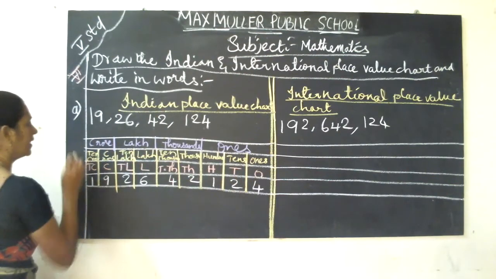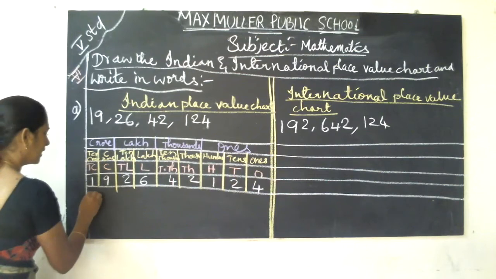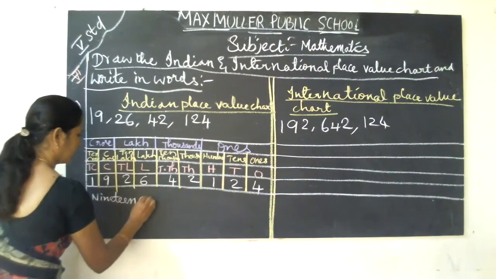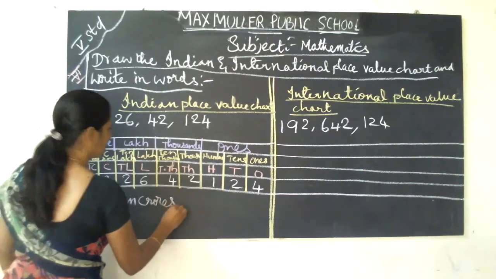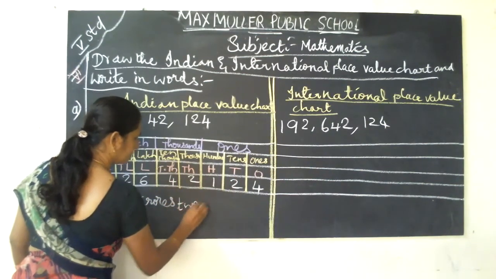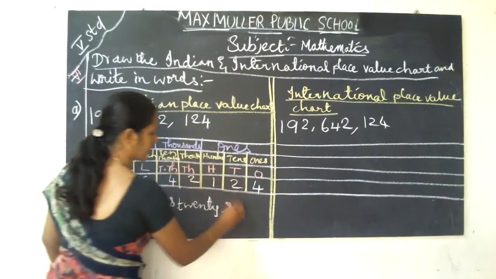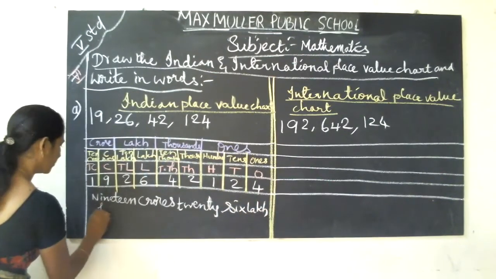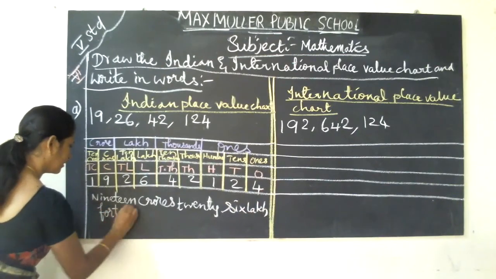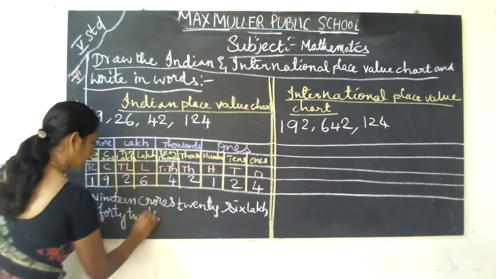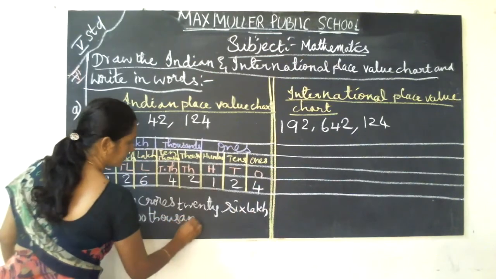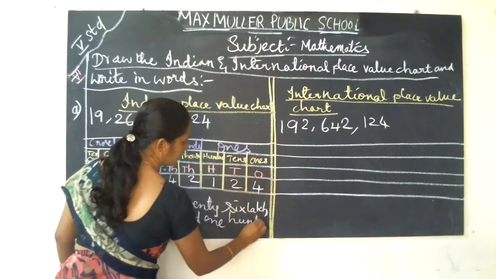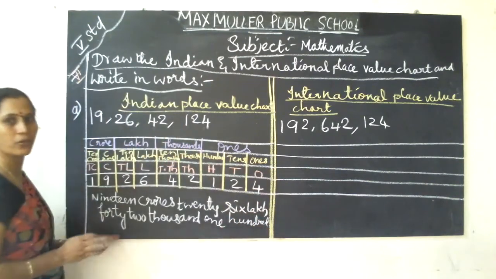What we have to write in words? 19 crores, 26 lakhs, 42,124.